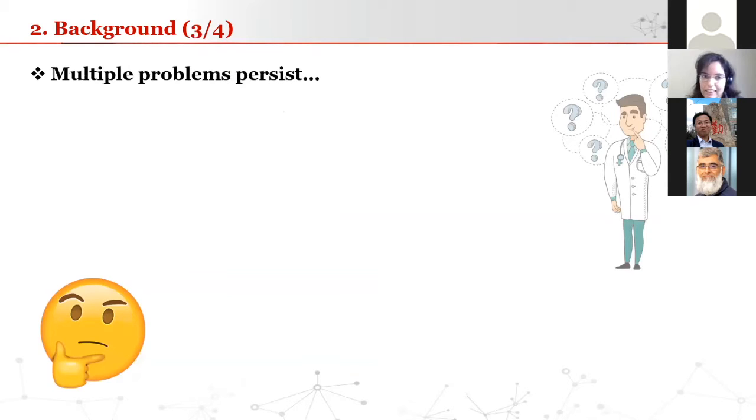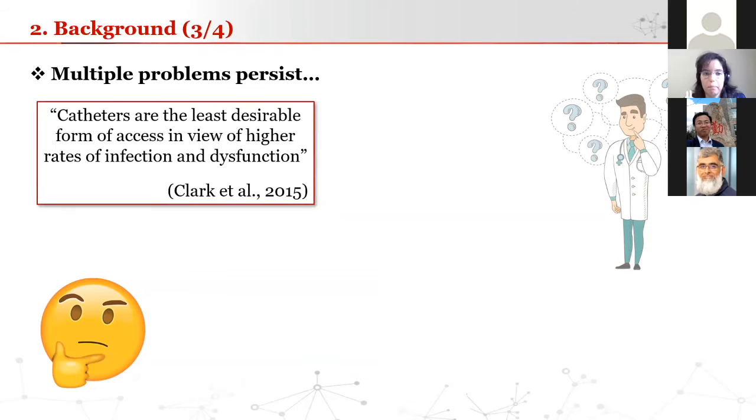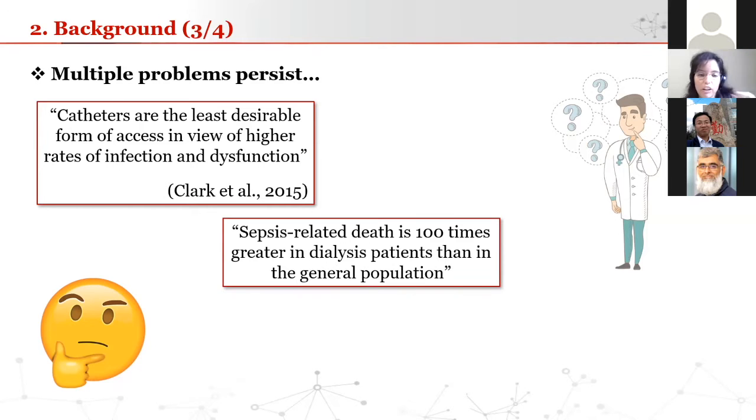And as I said, these requirements are usually very difficult to meet, and there are many problems which persist with the use of catheters. Some studies say, for example, that they are the least desirable form of access because they can cause high rates of infection and dysfunction in the human body. Other studies say that sepsis-related death is 100 times greater in these patients than in the general population.